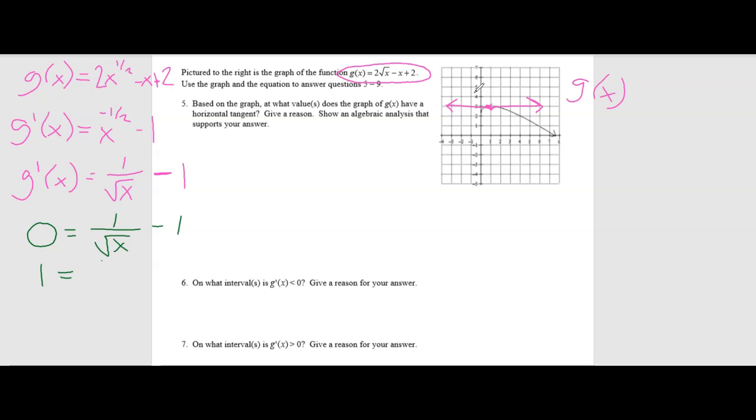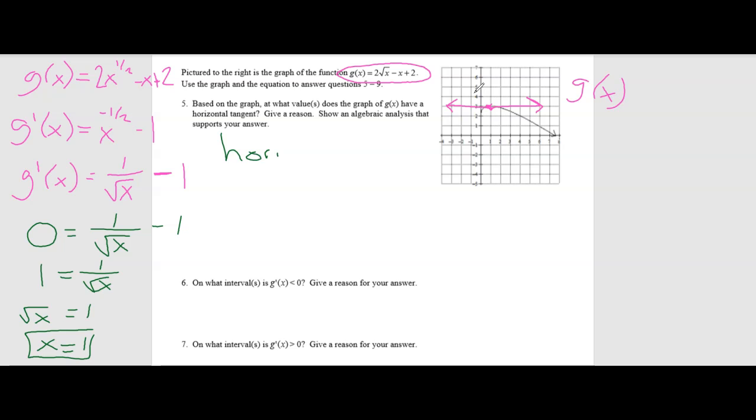So add 1 to both sides, multiply both sides by the square root of x, and square both sides so I get x is equal to 1. So we do have a horizontal tangent at 1 because the derivative at x equals 1 is equal to 0. So that would be your algebraic analysis that you would need to show for this problem.